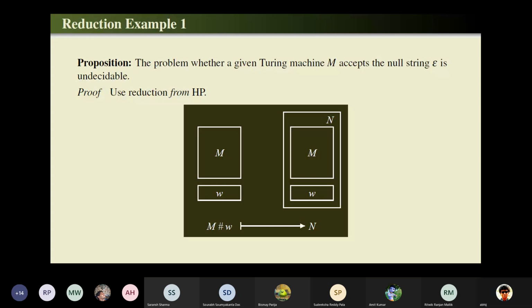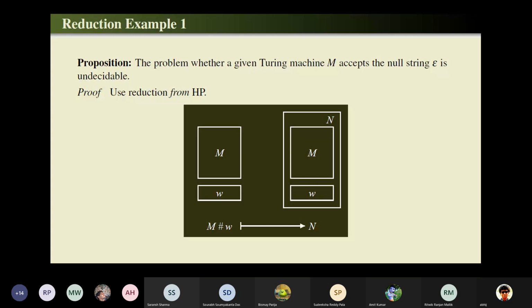So the earlier reduction essentially used all these transitions of M, right? That N, the target machine that we generated, uses all the transitions of M, plus some additional transitions, the jumping from T and R to T prime.